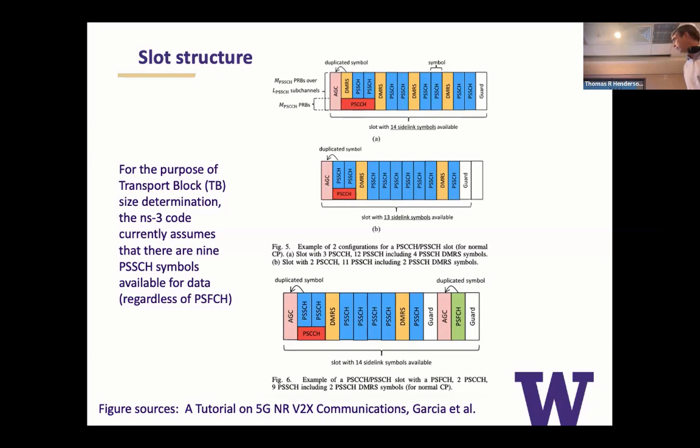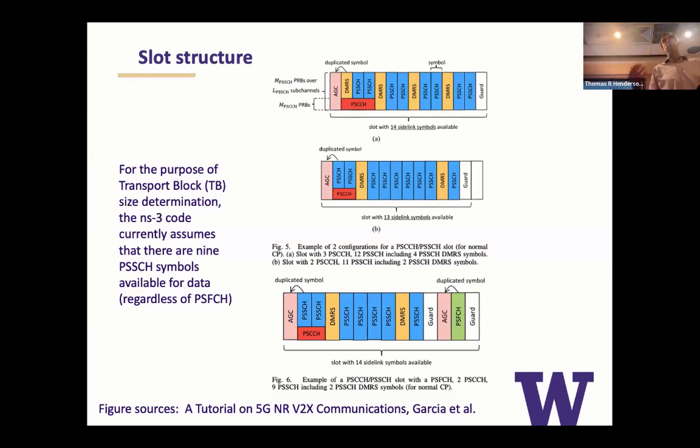We have a simplifying assumption in the code that I'll talk about today, that there are uniformly 9 symbols available for data, regardless of whether the PSFCH is present or not. You can see that in this particular slot, the presence of this feedback channel eats up 3 additional symbols from the overall slot structure. So including this feedback channel causes a reduction in the capacity of a slot.